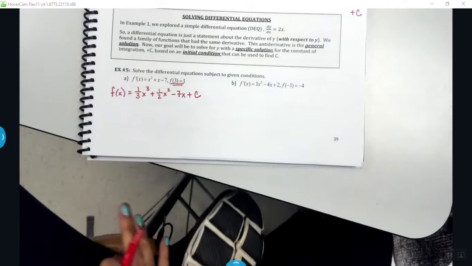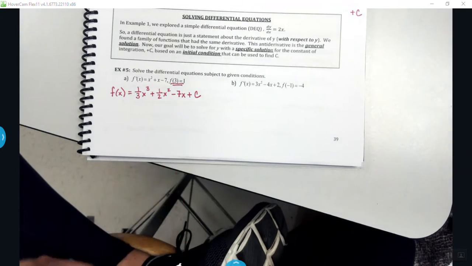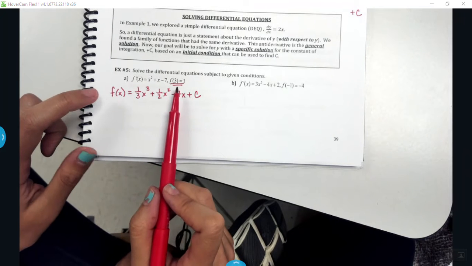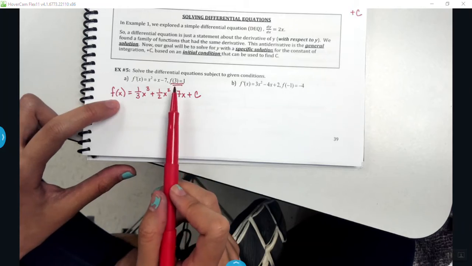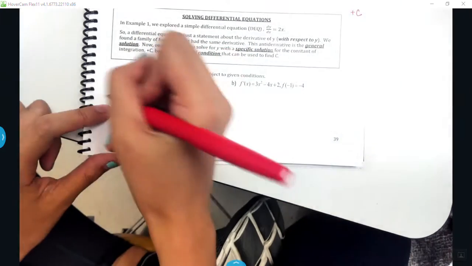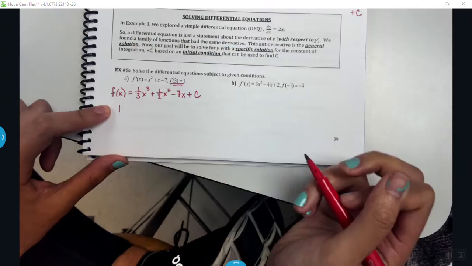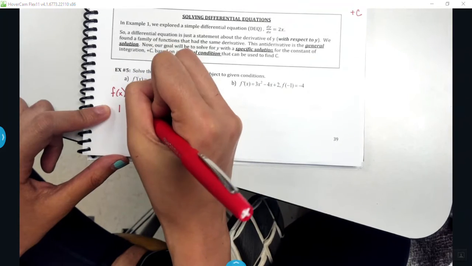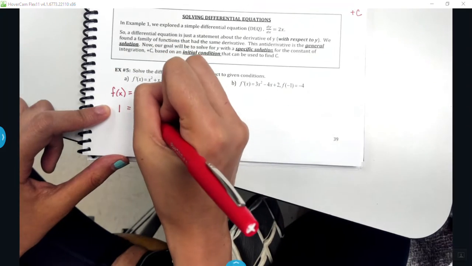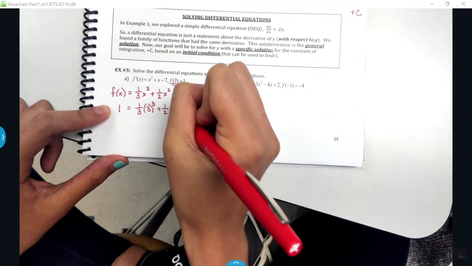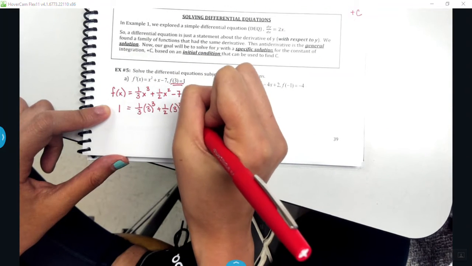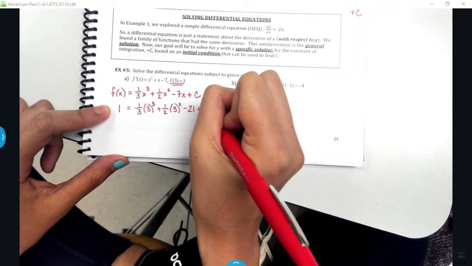Okay? Once you've taken the antiderivative and you have that plus c, what you can do is you can plug in your x and your y and solve for c. So 1 equals 1/3 times 3 cubed plus 1/2 times 3 squared minus 21 plus c.